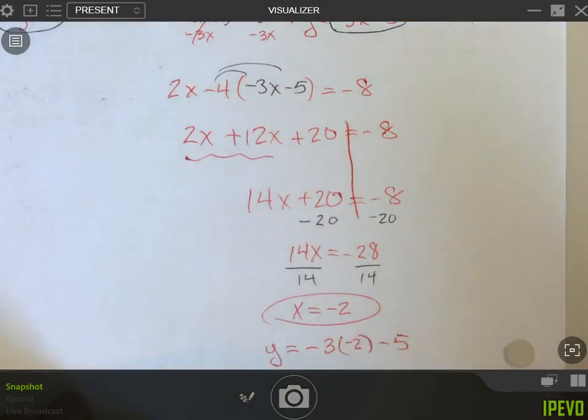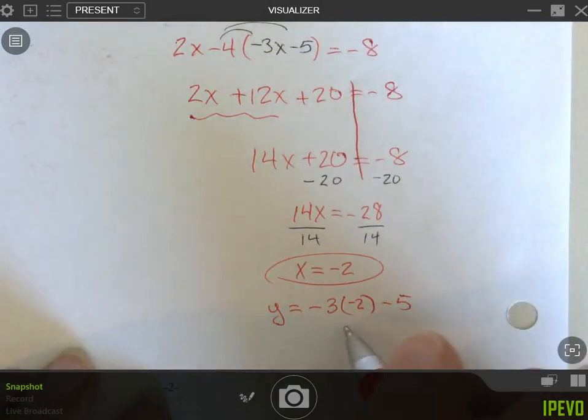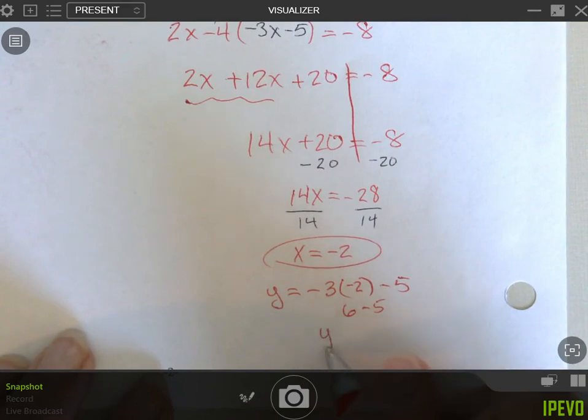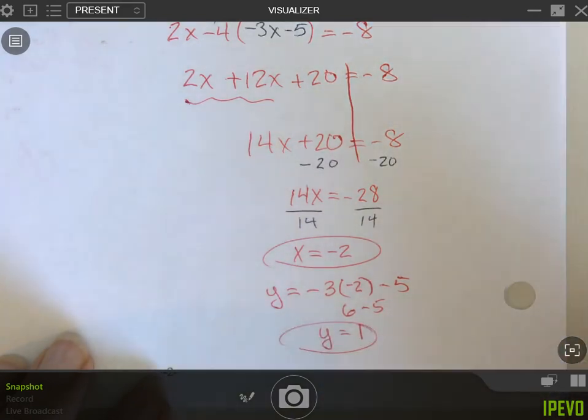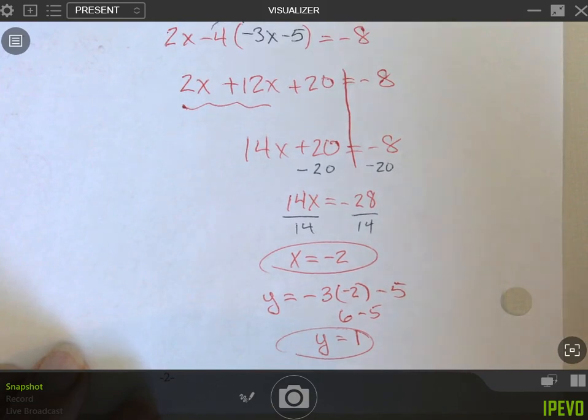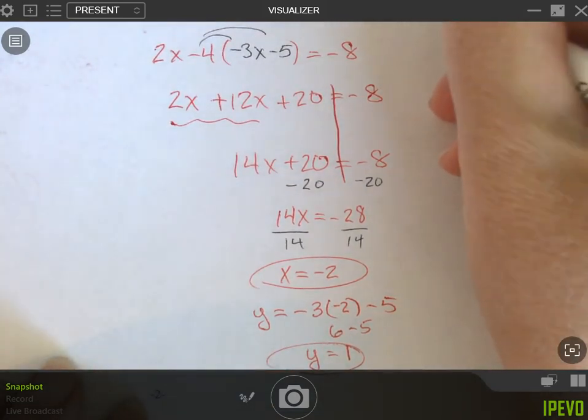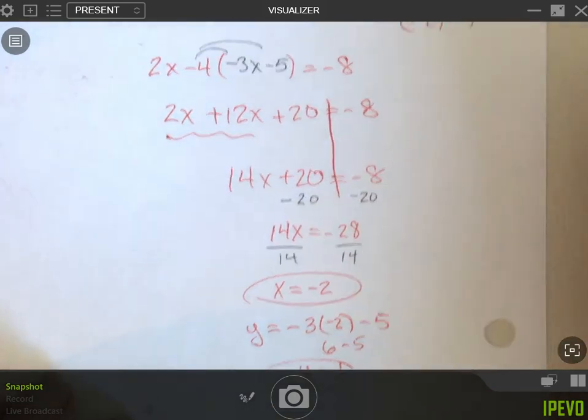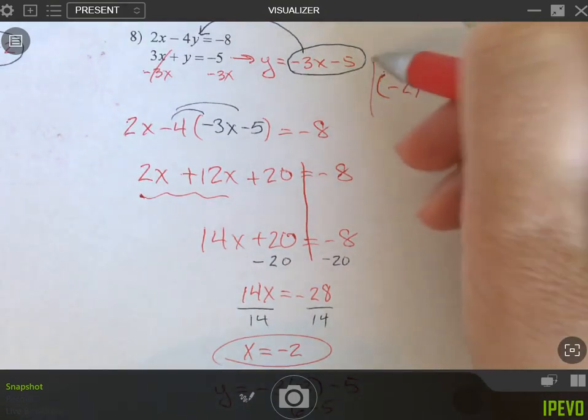So that's all I'm doing. I'm going to plug it in there. That's going to be a positive 6 minus 5. What does y equal? Positive 1. So my ordered pair, negative 2, positive 1. There's my ordered pair.